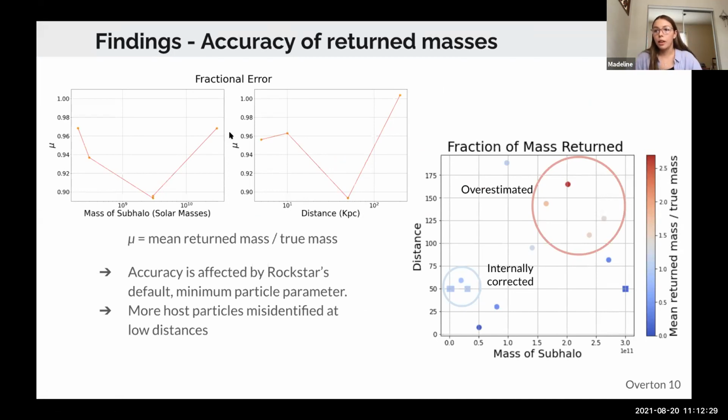We also still see the general trend that for larger, more distant subhalos, Rockstar starts to recover them more accurately. But as you continue to even larger, even farther subhalos, the masses are actually overestimated. These are the kinds of parameters that we're tracking and looking at to see how well Rockstar is doing.